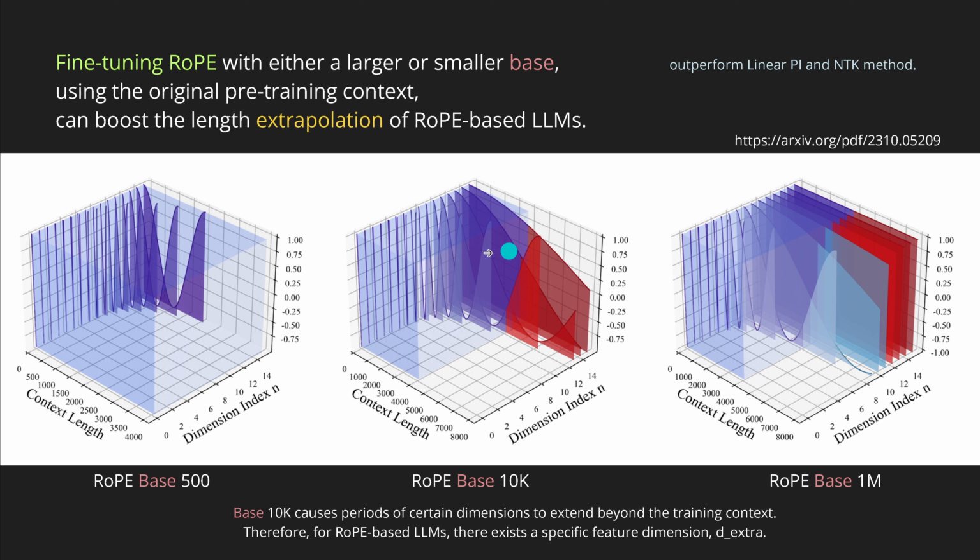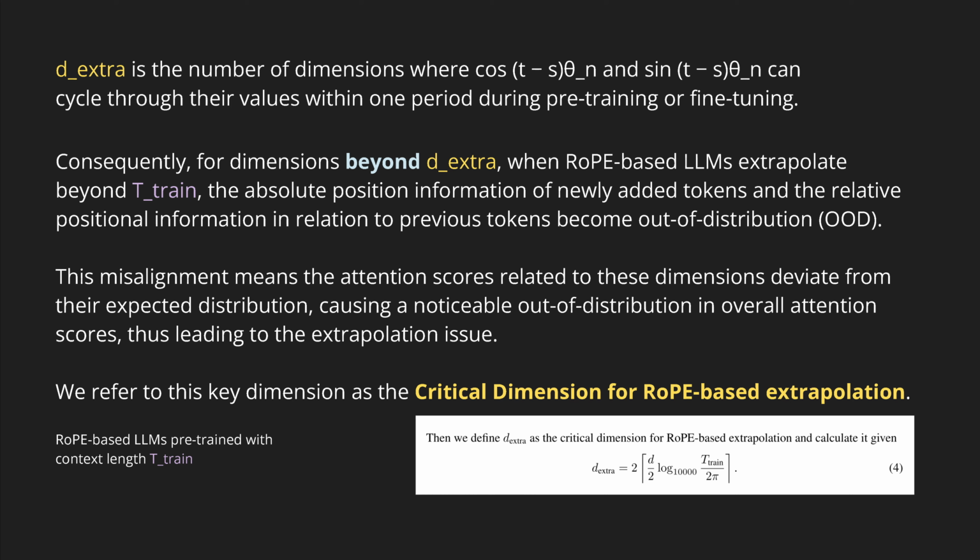The base 10K causes periods of certain dimensions to extend beyond the training context of 4K. And therefore, there exists a specific feature dimension that we call d_extra. Now, this is important. What is d_extra in the mathematical sense? It is the number of dimensions where our orthogonal system of the cosine and the sine can cycle through their values within one period, either in pre-training or fine-tuning, a complete cycle.